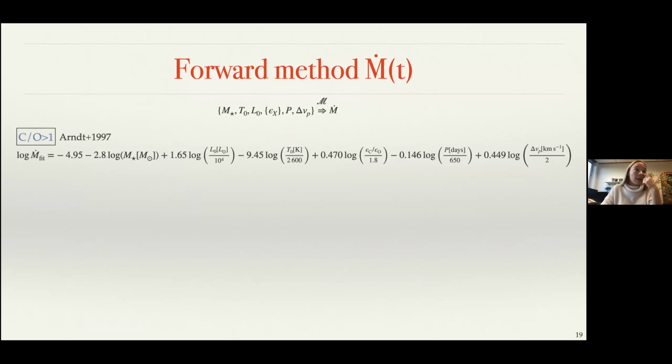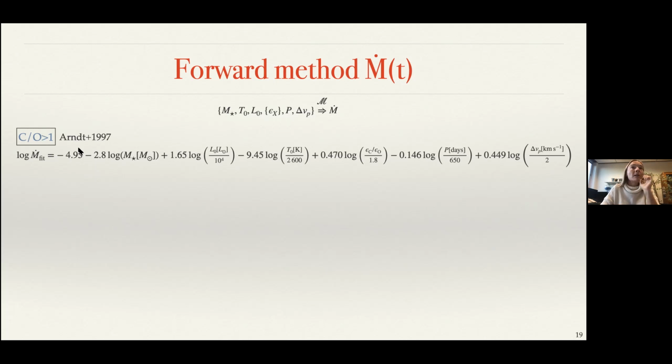Well, this has been done by only 2 or 3 authors at this moment. So you again have the same quantities as your input parameters, but you also have your pulsation period and the shock strength, for instance.